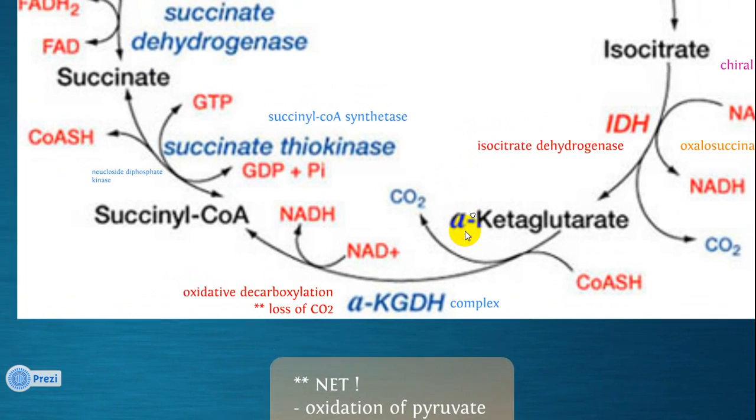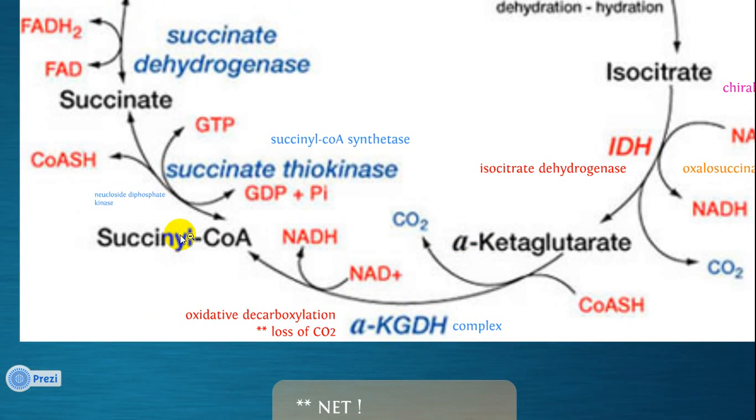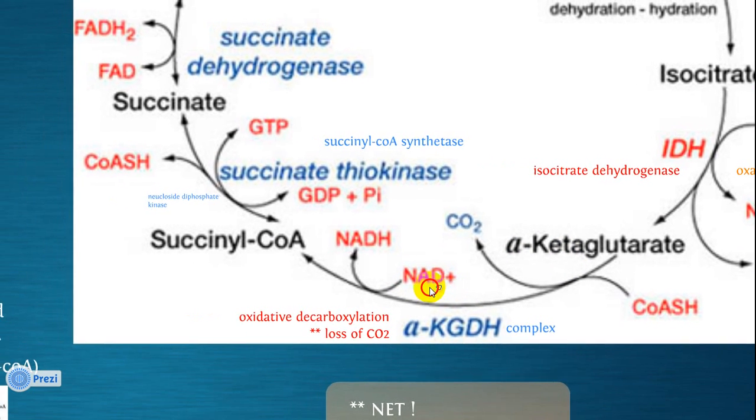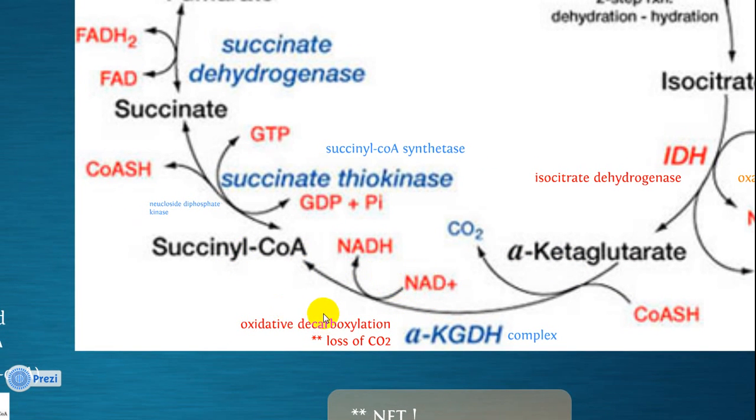Now the alpha ketoglutarate will be changed into succinyl-CoA by an enzyme called alpha ketoglutarate dehydrogenase complex. Remember that dehydrogenase is a type of enzyme that will take an H plus from this compound to NAD plus. And this is also an oxidative decarboxylation process, because another CO2 will be moved out from this compound.